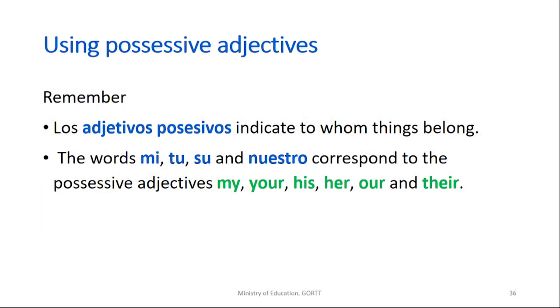We must remember that possessive adjectives indicate to whom things belong. The words mi, tu, su, and nuestro correspond to the possessive adjectives for my, your, his, her, our, and their.